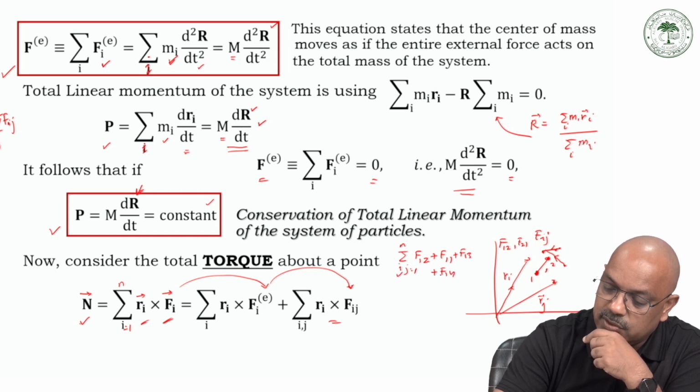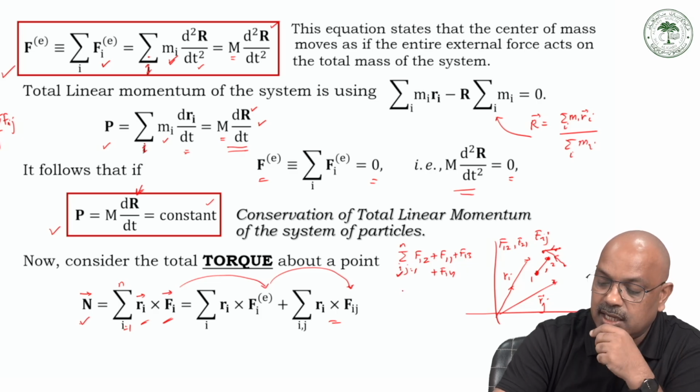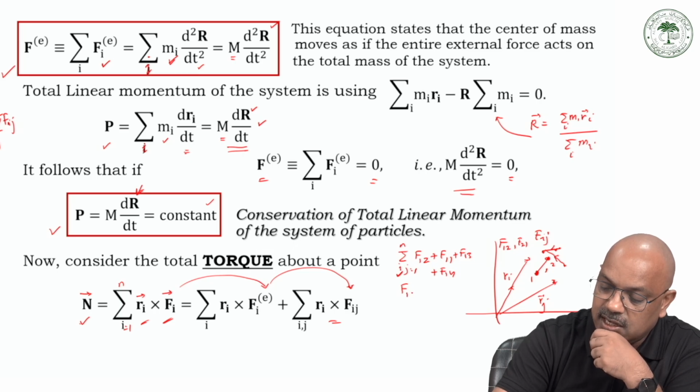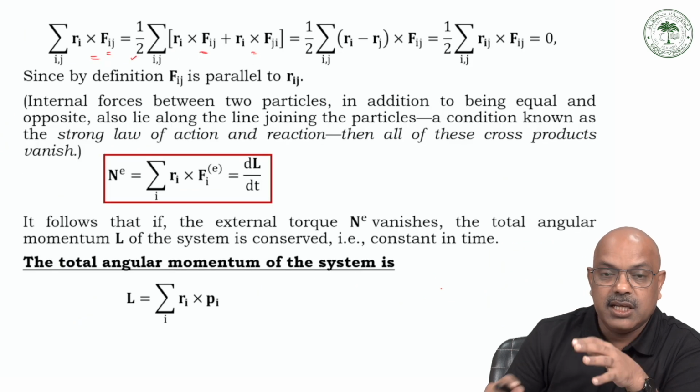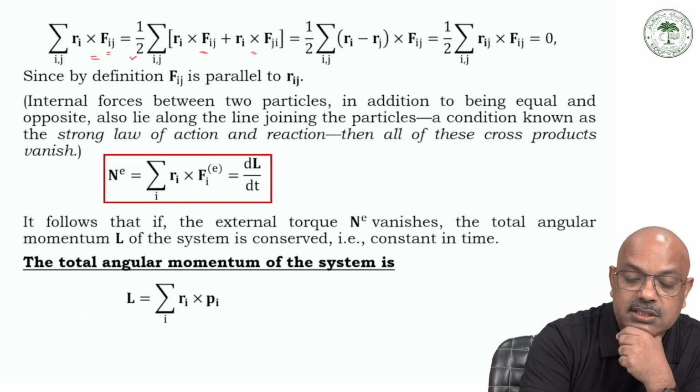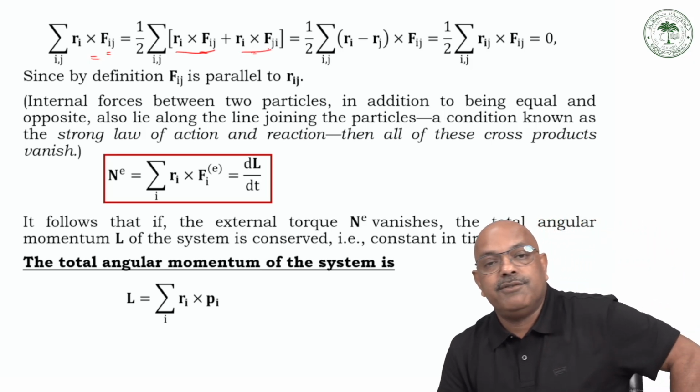So I'm keeping i constant, and it is the force acting on the first particle from all the other particles. Then I keep j constant: F11 plus F31 plus F41. So I'm keeping j constant at 1 and varying i. So there is a double counting. That's why for the average force we take half of R cross Fij and R cross Fji.